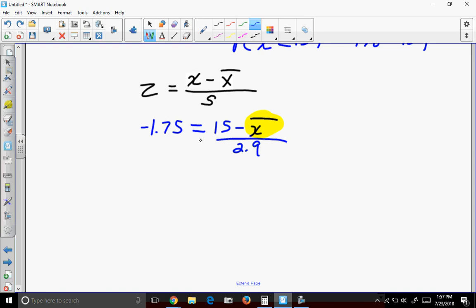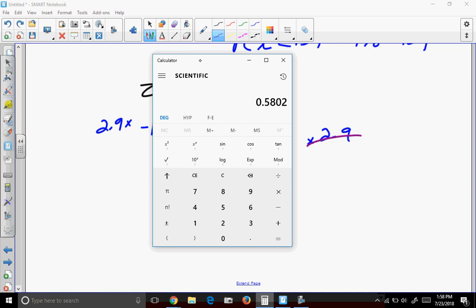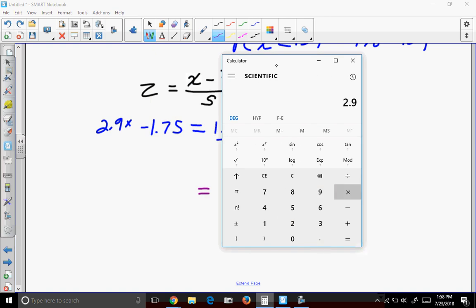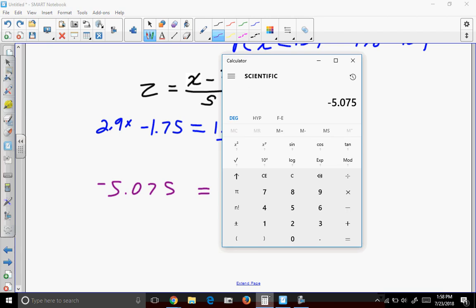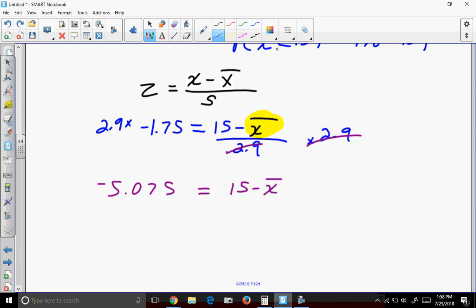So to get rid of 2.9 on bottom, multiply both sides by 2.9. So those cancel. So that leaves us 15 minus the mean on the right. On the left, 2.9 times negative 1.75, so negative 5.075. To get this by itself, we can take 15 away from both sides.